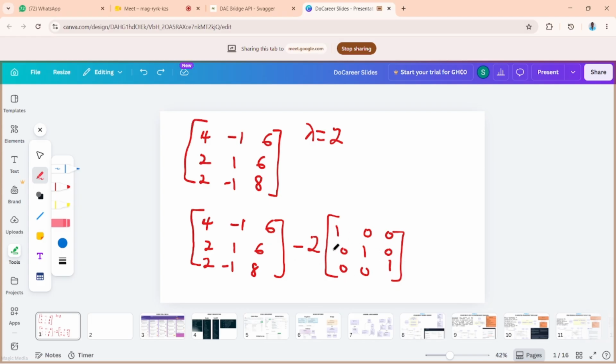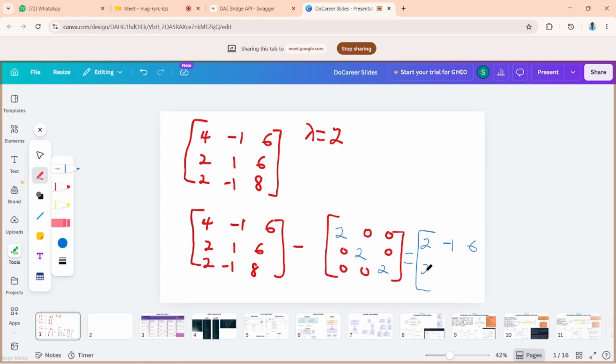So 2, 2, 2, then 0, 0 throughout. I want to just replace the diagonal by 2 so that I save space. All right, so it is 2, 2, 2. Now we do our subtraction, element by element. 4 minus 2 gives me 2. -1, I think this one is -1 and 6 because they are all minus 0.